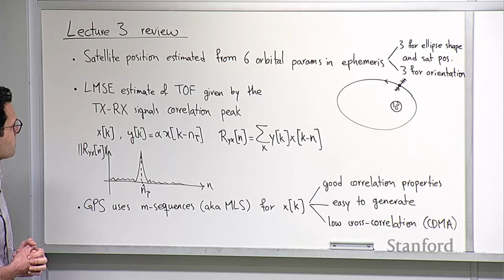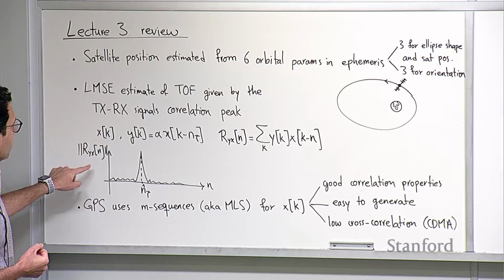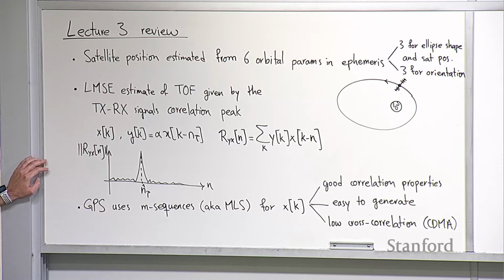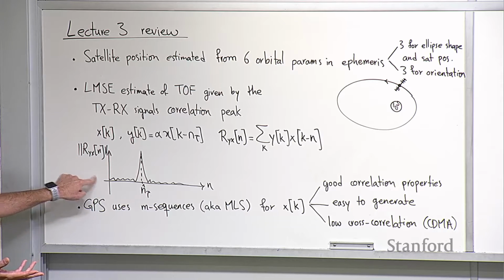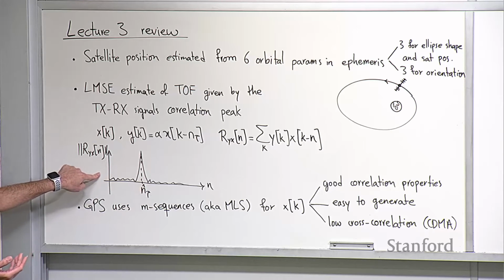But what is interesting about this is that when you're designing a system, you're free to choose what x of k is. And because at the end of the day, it's a correlation function that matters, you can choose an x with good correlation properties.